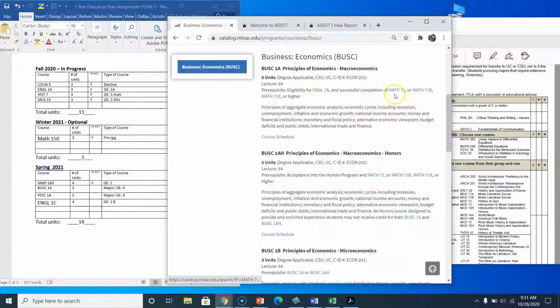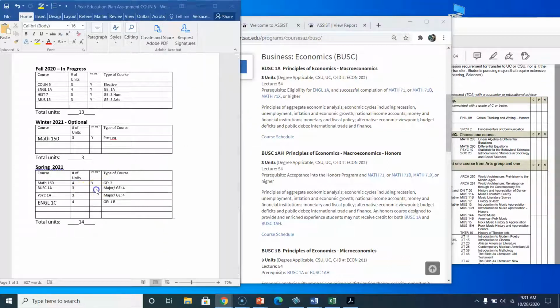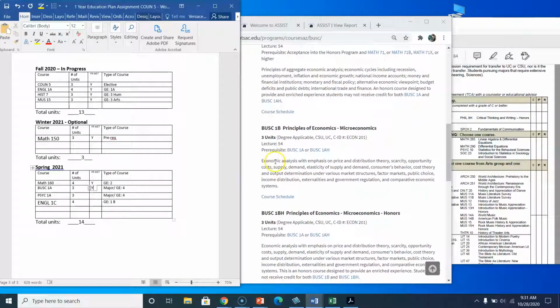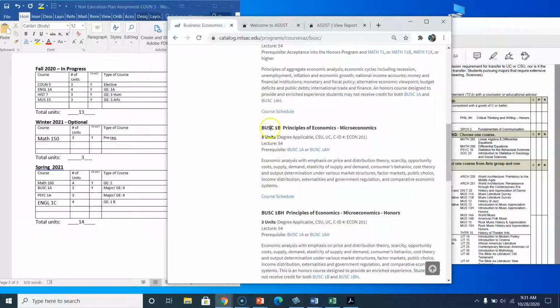And then successful completion of Math 71 or higher. Well, now everybody places it higher than this, so we don't even have to worry about that. So do I meet this prereq? Yes, I do. And then if we look here, notice that Business 1B, Econ, the Econ Part 2, you have to take Econ Part 1 first. So it's good we didn't schedule both of those this semester.